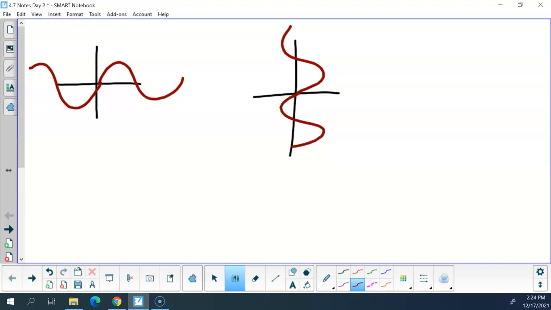So in order to make it a function, we had to restrict our range. And yesterday we said that the restricted range went from positive pi over 2 to negative pi over 2.